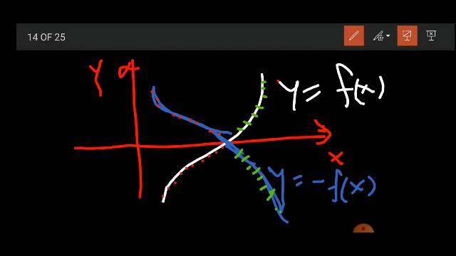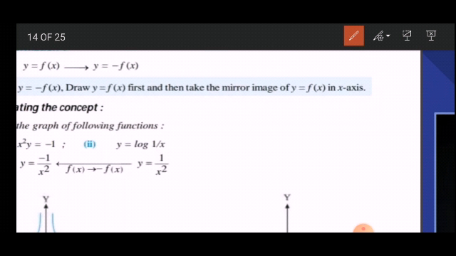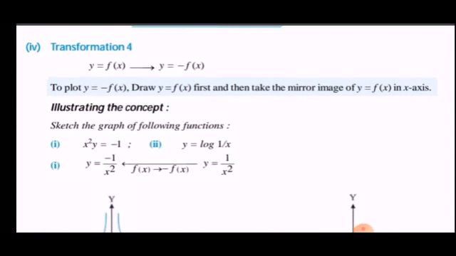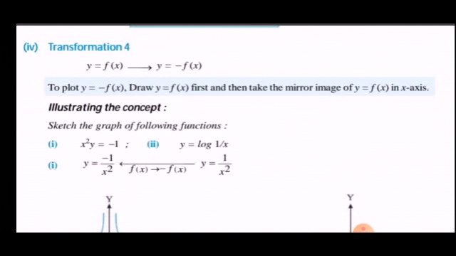Fine. So let's take some examples. In this illustration: sketch the graph of the following functions. First part, x square y equal to 1, and second part, y equal to ln of 1 by x.